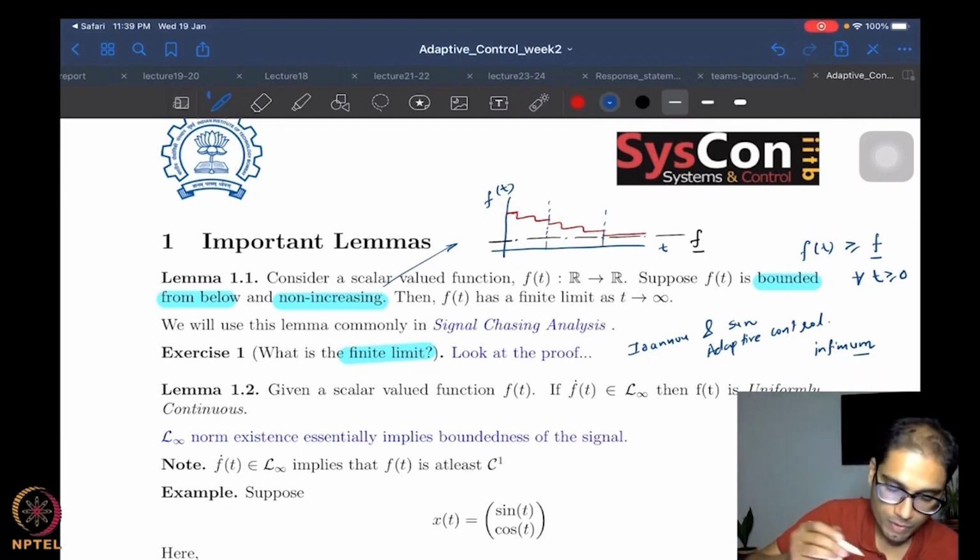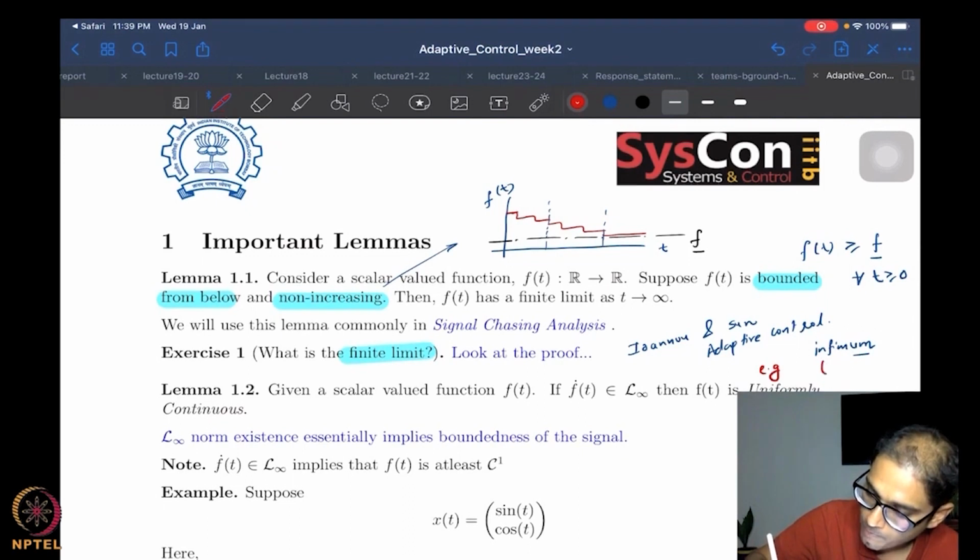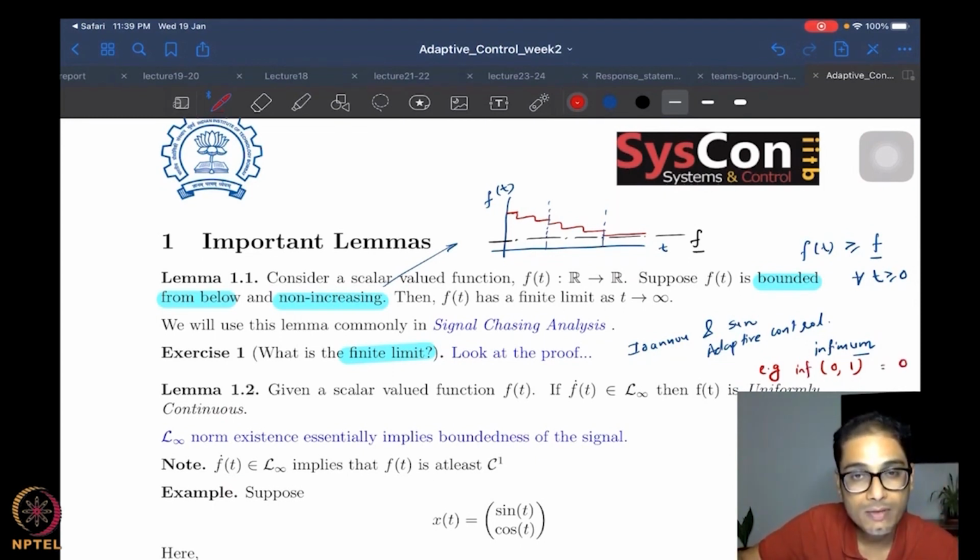If I take a set of the form (0, 1), the infimum of this set is 0, just like the supremum is 1. We already saw an example of this.